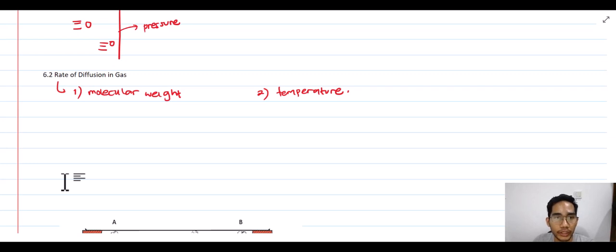Let's start with the molecular weight. Now, imagine that you are asked to run from point A to point B. It will be easy for you because you just run, right? And then what happens if you are asked again to run from point A to point B, but this time you have to bring some books on your head, for example.